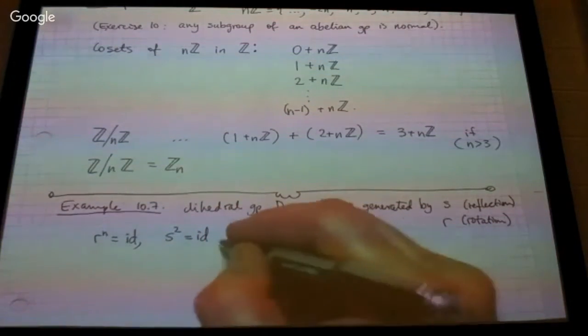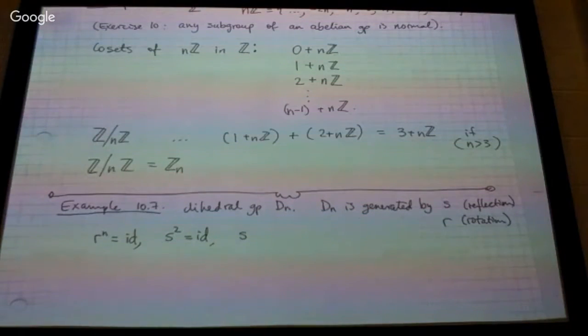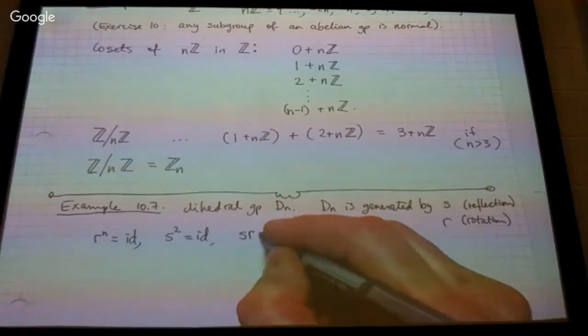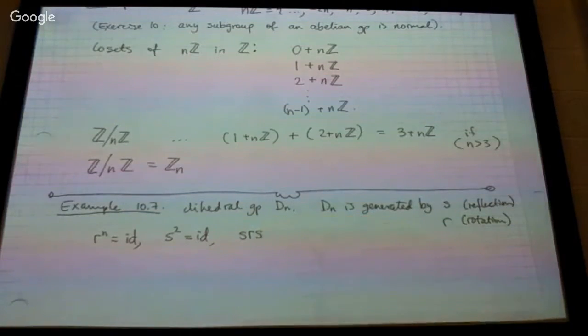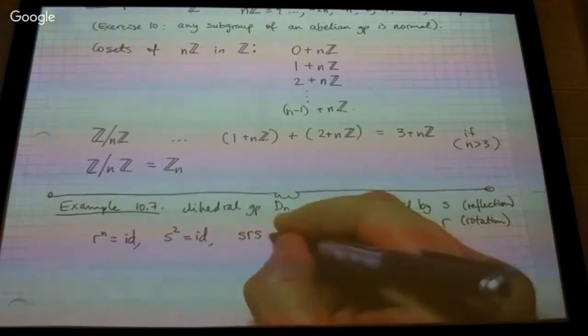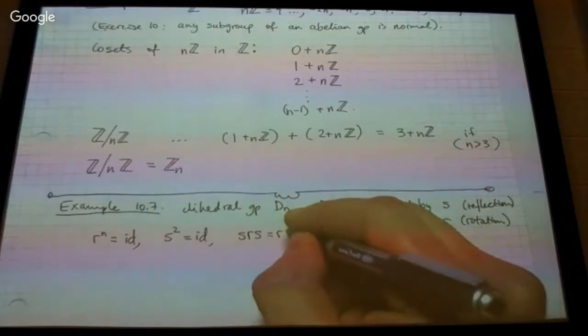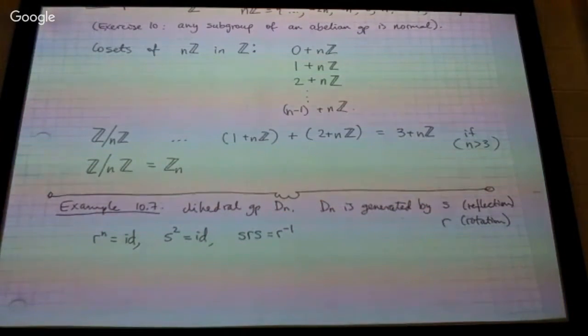And one of the important ones is if you reflect, rotate, and reflect again, I should have written it in the backwards order, but it doesn't matter, then you get R to the n minus 1, or R inverse, same thing.